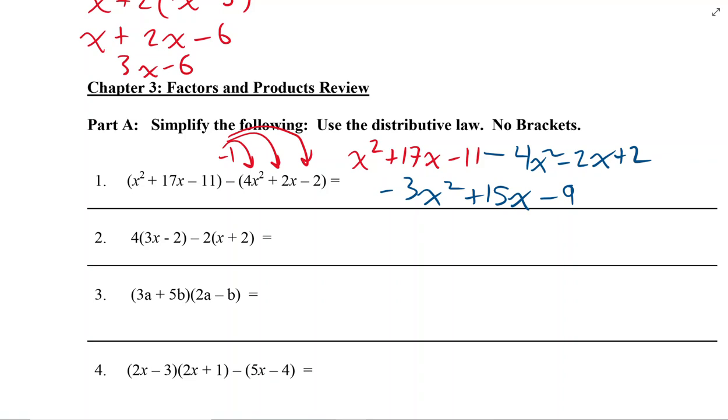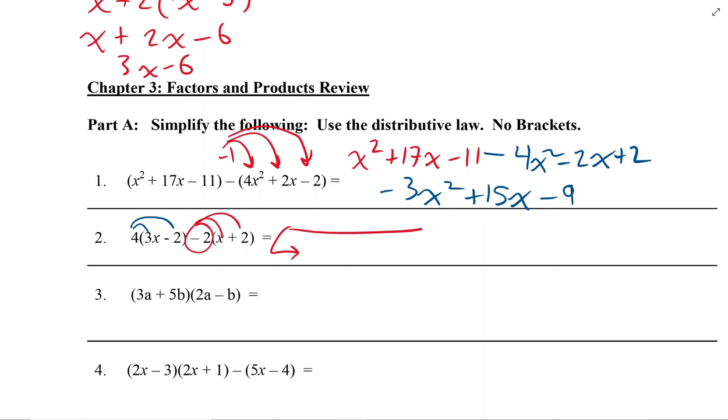Looking at the next question, what do you think you have to do first of all? Katie? That's right. Get rid of the brackets by multiplying in. What do you multiply in by on the second set of brackets? Not 2, but -2. Multiply in. Okay, so multiply in, rewrite it, and then collect like terms to your final answer.